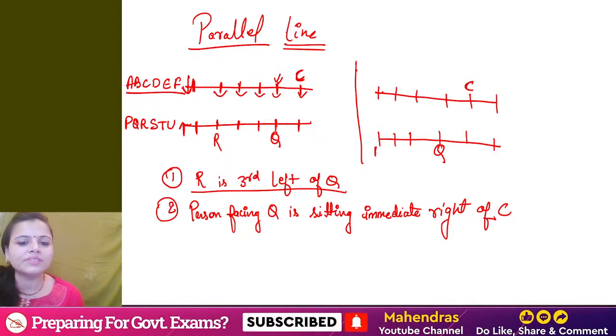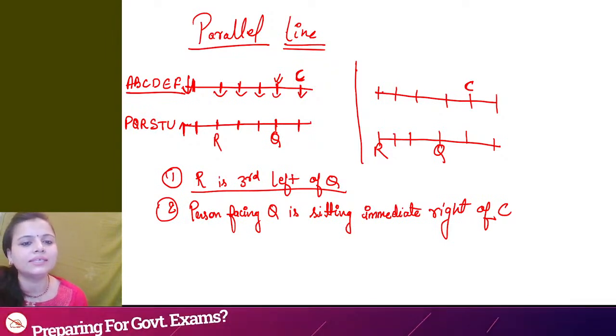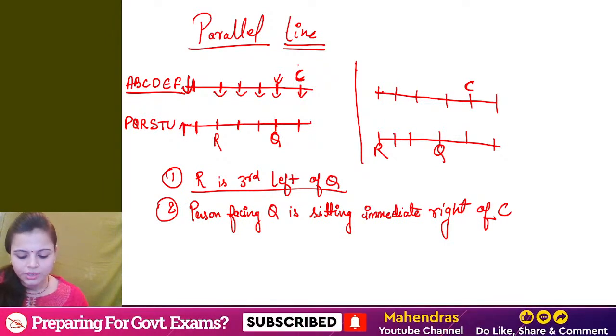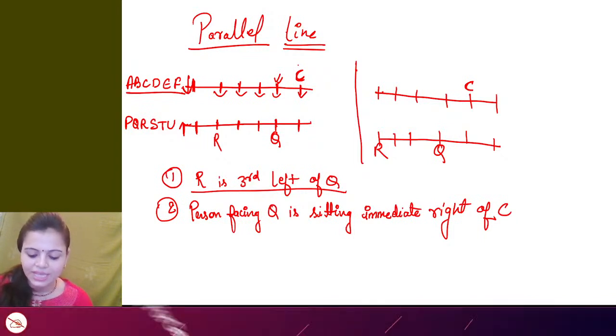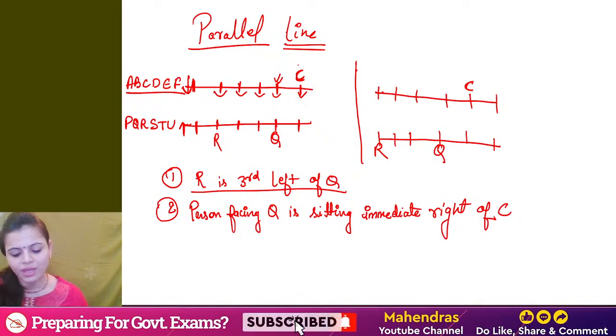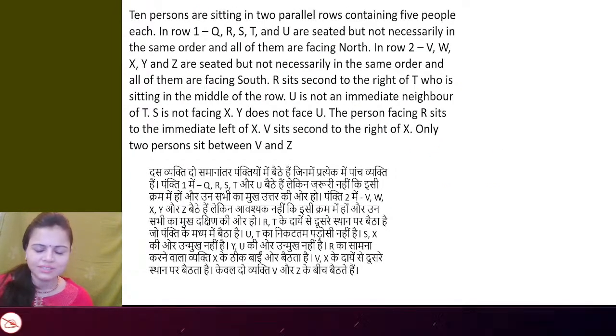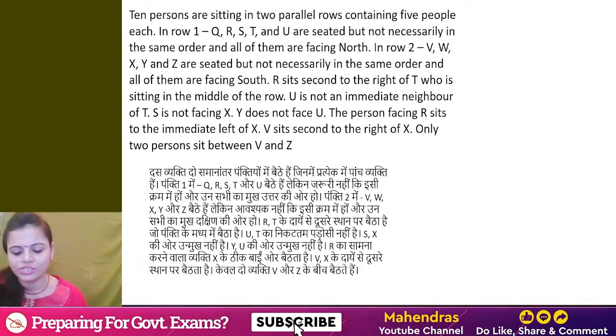That means in one case R is at the end, in the other case C is at the end. In this way you get two possibilities, and you can start the question in this manner. First, all of you try this simple question, then we'll go with the high level question.